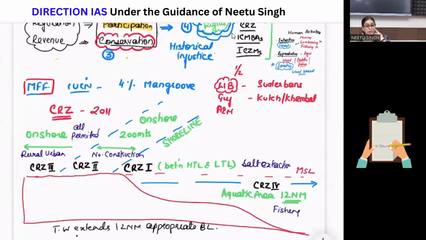Which coastal regulation zone is unlikely to fall in MFF? Come on, class. Very good, Rohit. CRZ3.